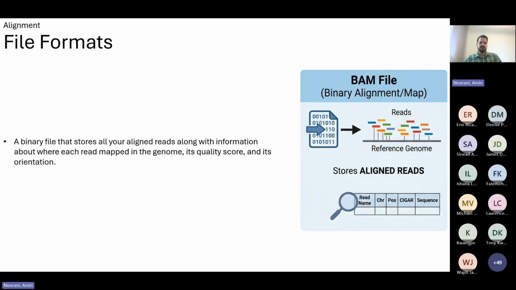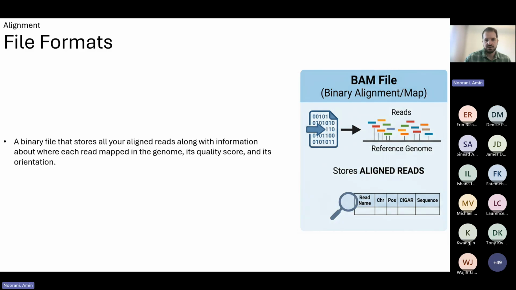So after alignments, what do we get? Like the output file that we get. I'm sure many of you have heard of the BAM files, right? BAM files are the binary alignment map files. All the reads, as we talked about in previous slides, are piled up on the positions they aligned to on the reference genome.